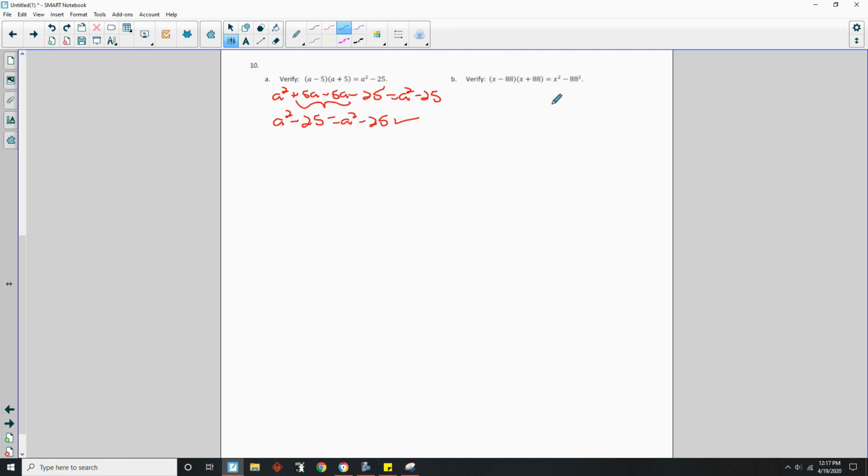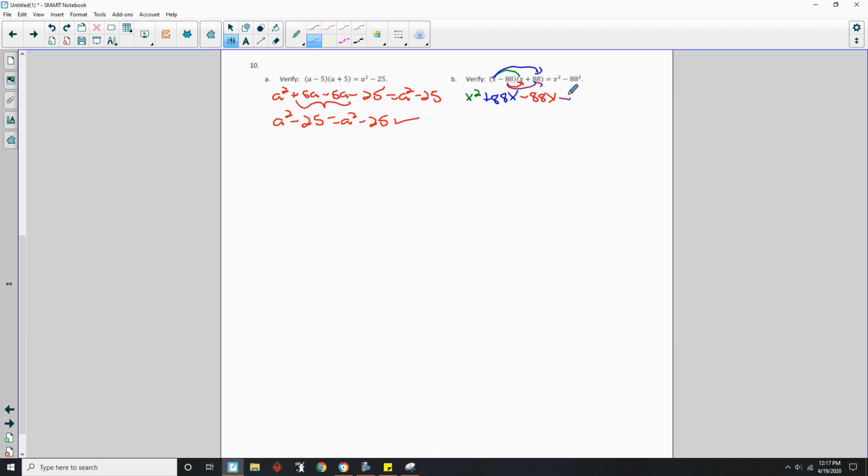B, verify this times this equals that. Okay, again, FOILing. X times x is x squared. X times 88 is plus 88x. I'll color code this one. Inner is this times this, which is negative 88 times x, or negative 88x. And then finally, last is a negative times a positive, which is negative.